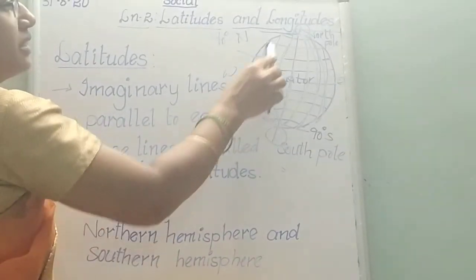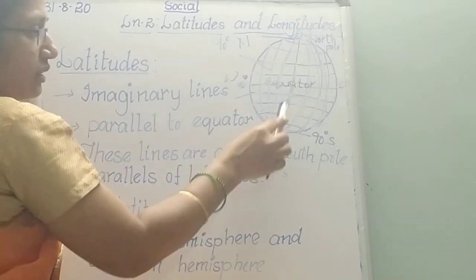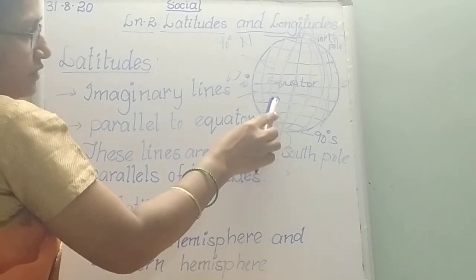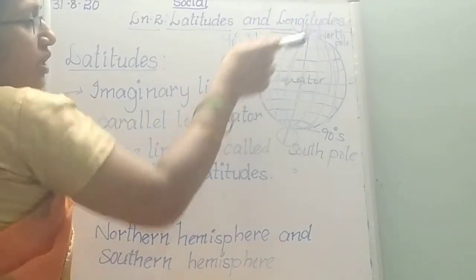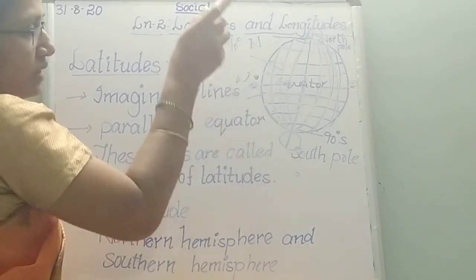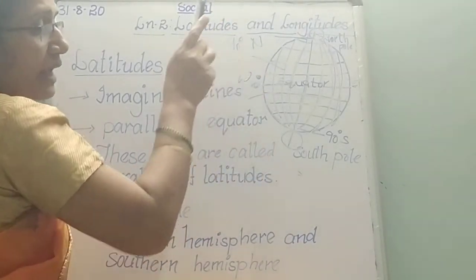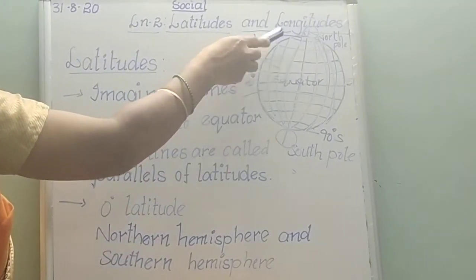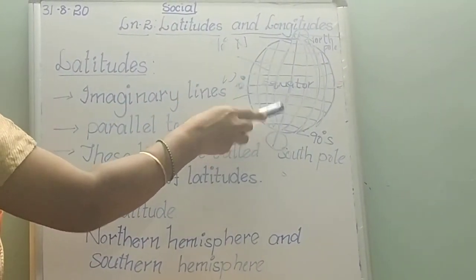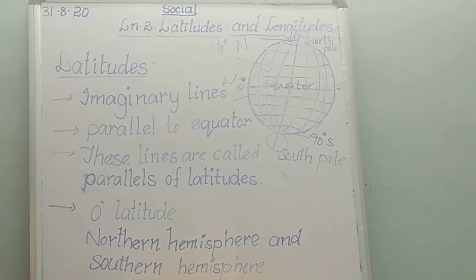This equator divides the earth into two halves or two hemispheres. This part is called the northern hemisphere. This part is called the southern hemisphere.